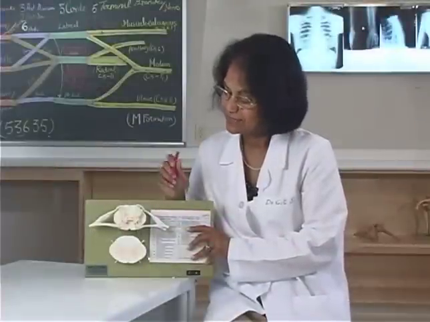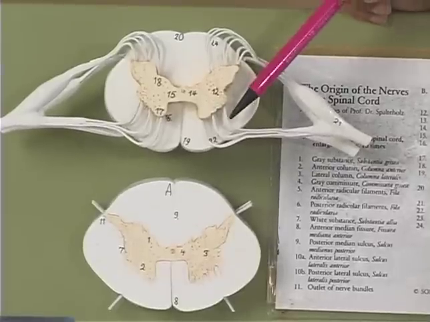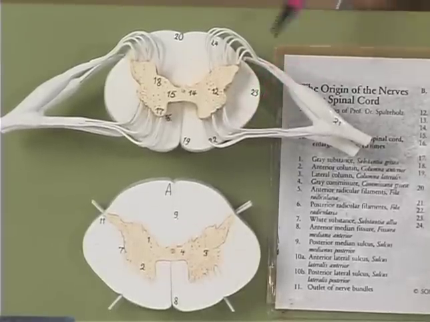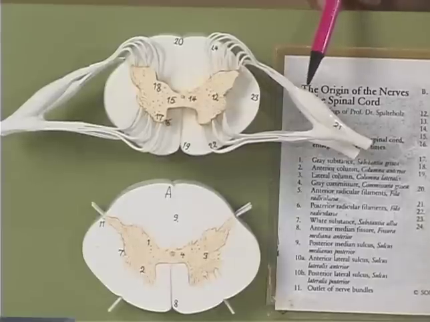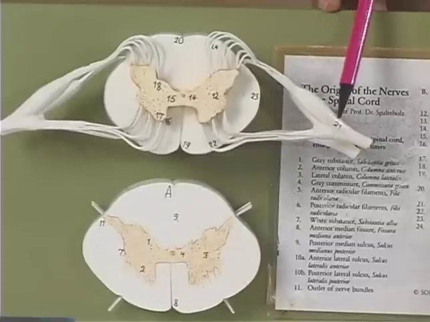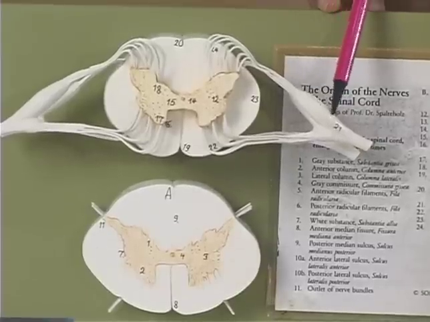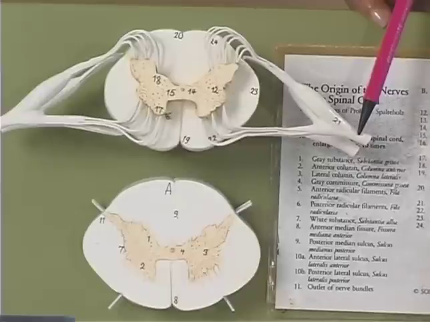Spinal nerves originate from the spinal cord via the ventral or anterior root and the dorsal or posterior root. The posterior root contains a big ganglion which is called the posterior or dorsal root ganglion. The two roots meet together to form the spinal nerve.